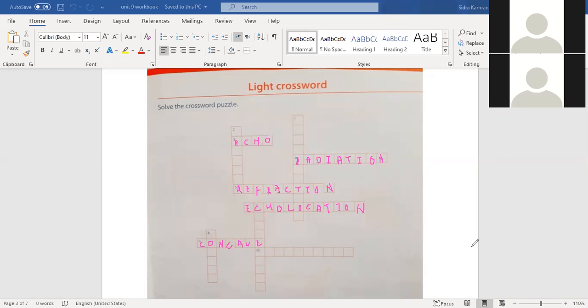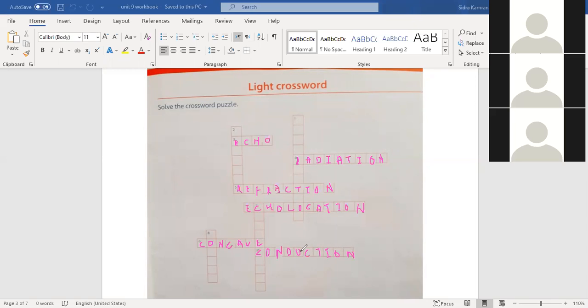Which mode of transfer of heat is this? Conduction. So across the 10 you have to write conduction. C O N D U C T I O N.